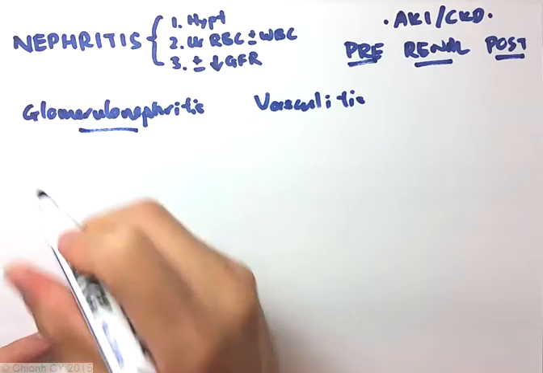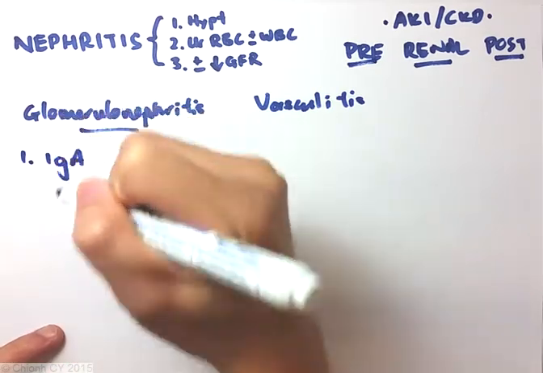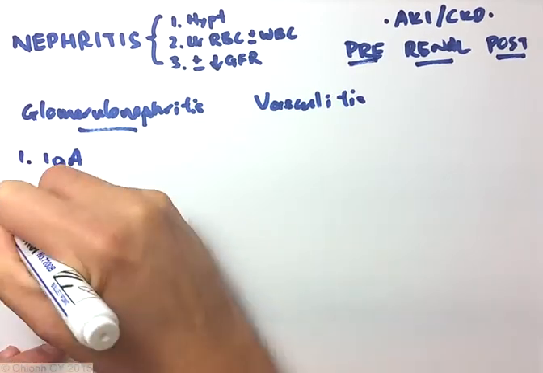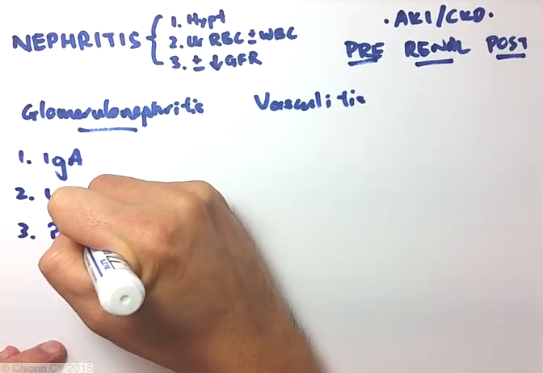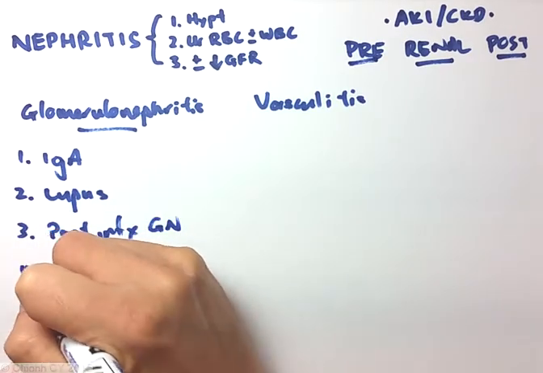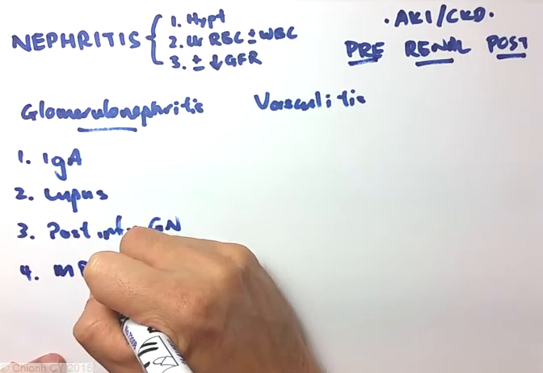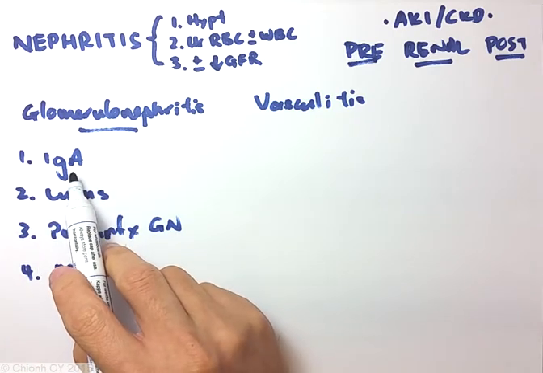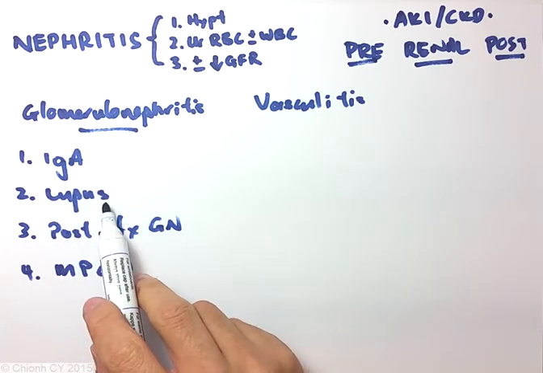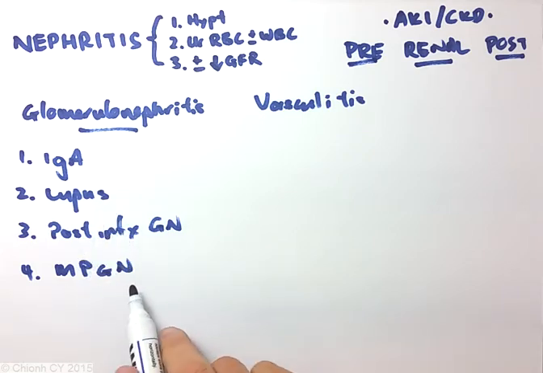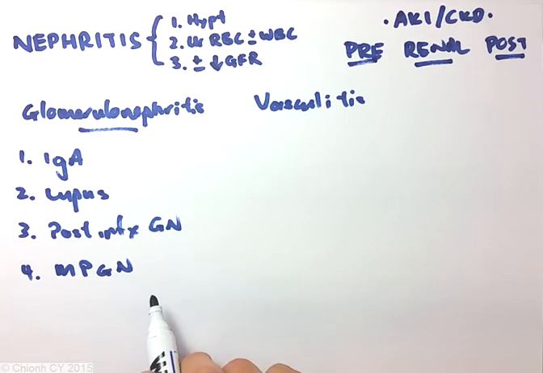Causes of glomerulonephritis would include an IgA nephropathy, a lupus nephritis, post-infectious glomerulonephritis, and a membranoproliferative glomerulonephritis. IgA disease is more commonly seen in a male, lupus nephritis in a female, and a membranoproliferative GN usually in a younger patient or in a patient with hepatitis C infection.